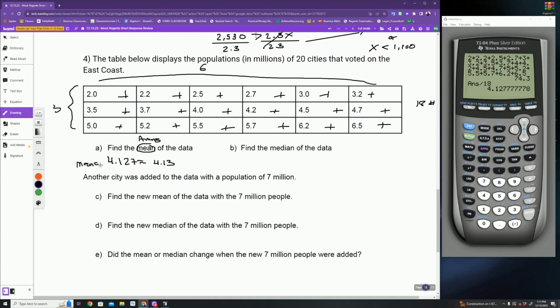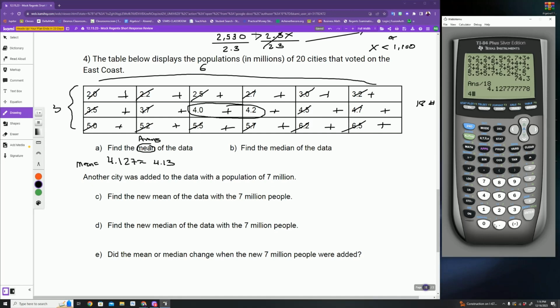Okay. And to find the median, you would cross out numbers from when they are in order. That is very important. You just keep crossing out until you get to the middle. If there are two numbers in the middle, which will be true anytime you have an even set of numbers, you have to take the average of these two numbers.